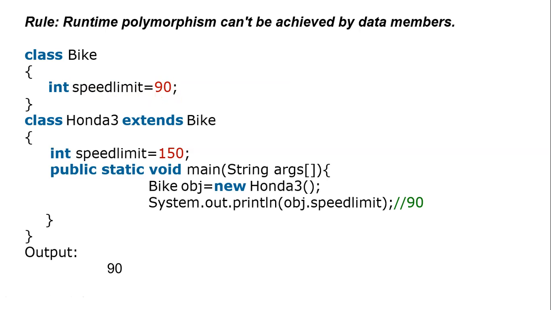For a variable, overriding is not possible, for a method it is possible. Here we have two values, 90 and 150, and the public static void main method. Bike obj equal to new Honda3: Bike is the superclass, and we are creating a subclass object. System.out.println of obj, which is a superclass reference variable.